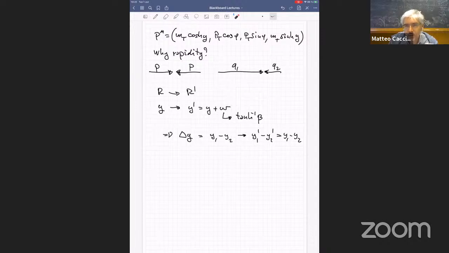So to work with quantities that do not depend on your knowledge of the precise center of mass of the collision is useful. Another way is looking at transverse properties that also do not depend on the boost of your collision. Okay, so this is why we want to introduce this.